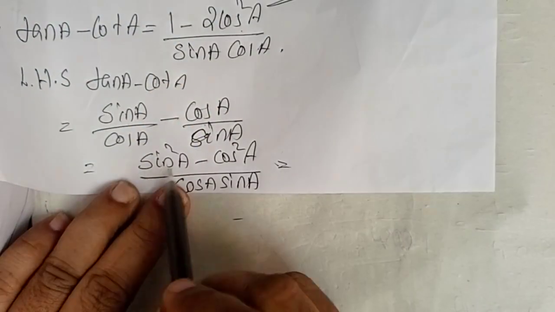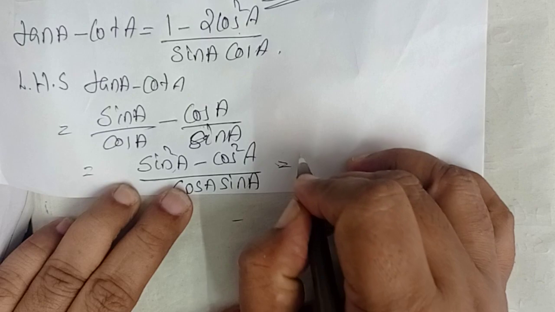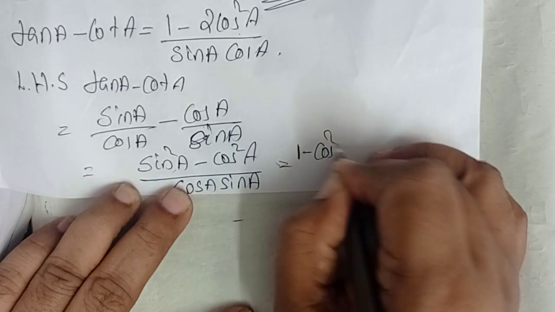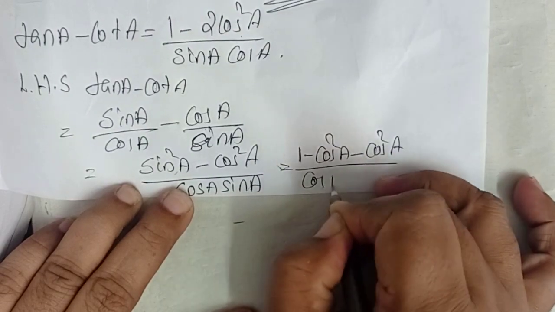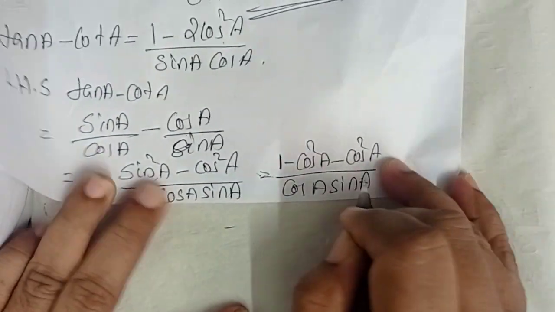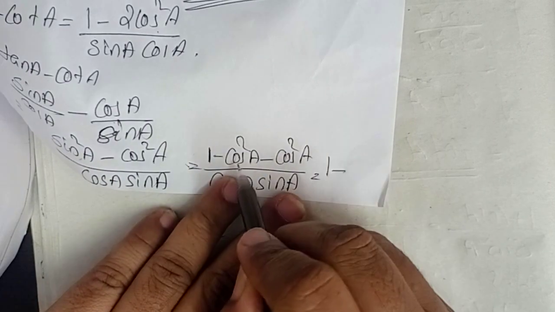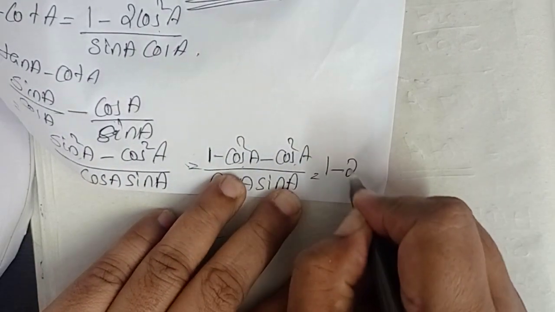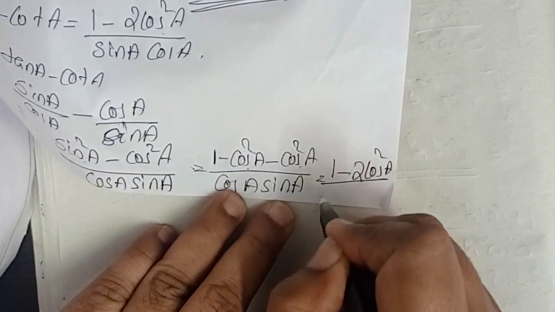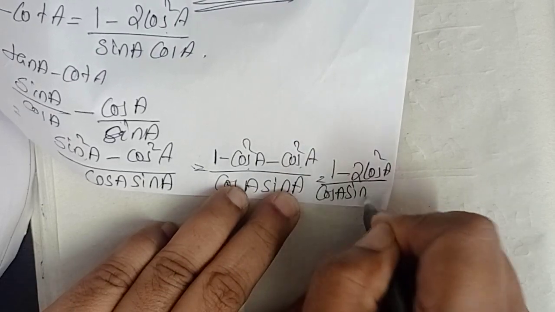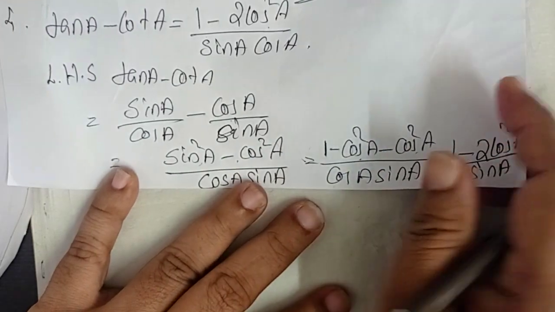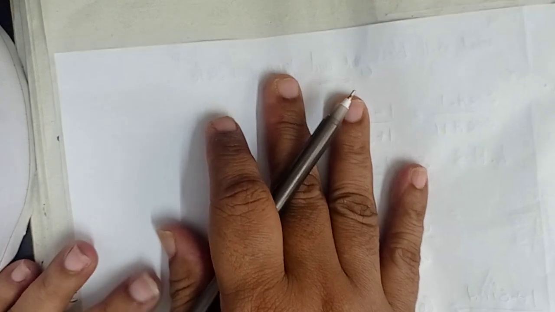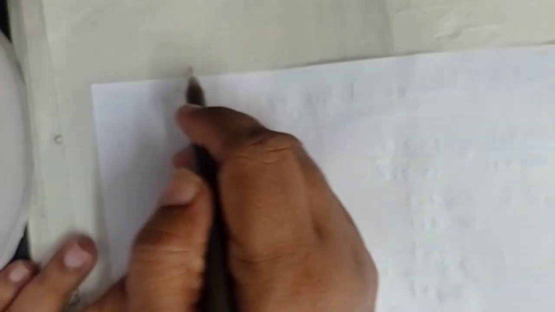Therefore, we can convert this sin square as 1 minus cos square A, minus cos square A, by cos A sin A. That is 1 minus cos square A minus cos square A, 2 cos square A, by cos A sin A. If the answer is in terms of sine, you have to convert this cos square as 1 minus sine square. Okay, then fifth problem.